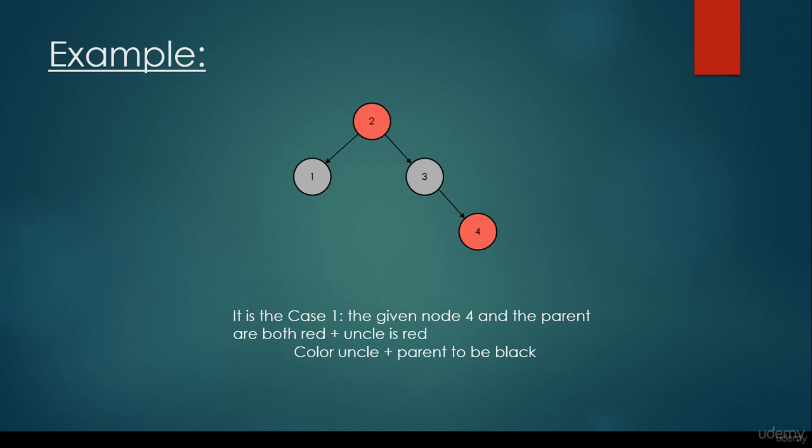But this is why we have been saying that we have to check recursively whether it's going to be a valid red-black tree, because we came to the conclusion that it violates the red-black properties again, because after this recoloring, the root node has the color red. And one of the red-black properties says that the root node must have the color black.